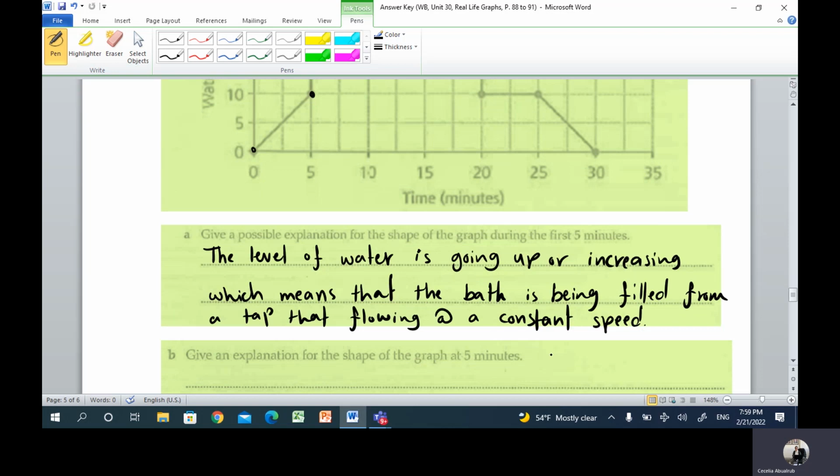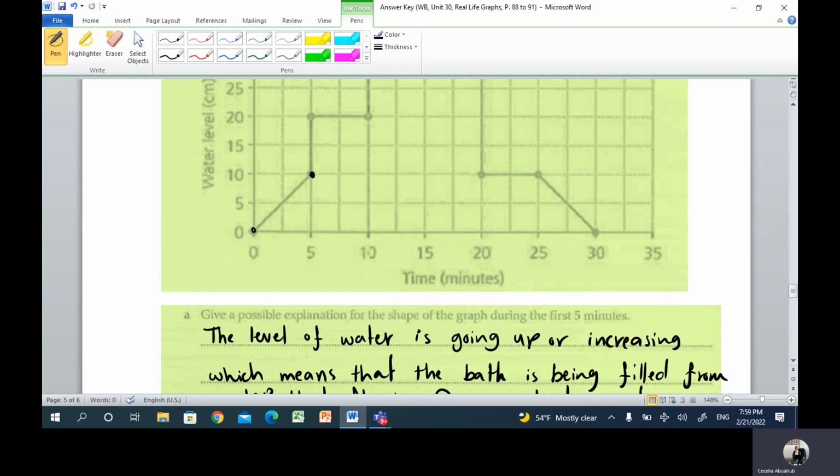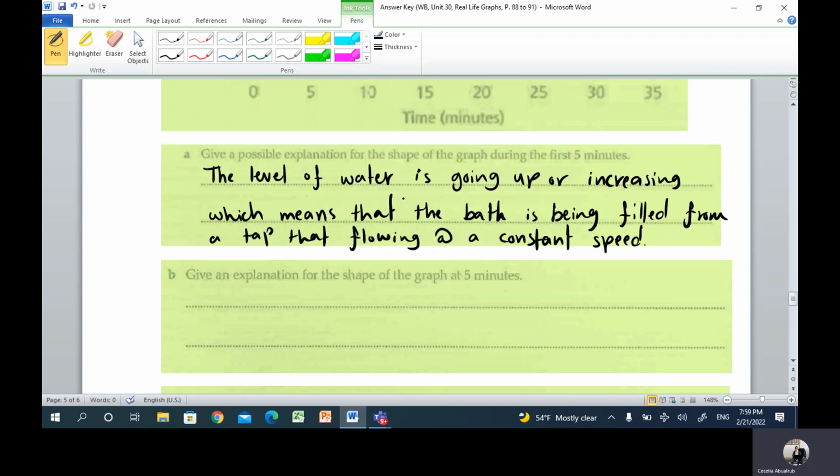Next, give an explanation for the shape of the graph after 5 minutes. The explanation: it's rising from 10 to 20 centimeters, which shows that one of the babies must have been placed in the bath.